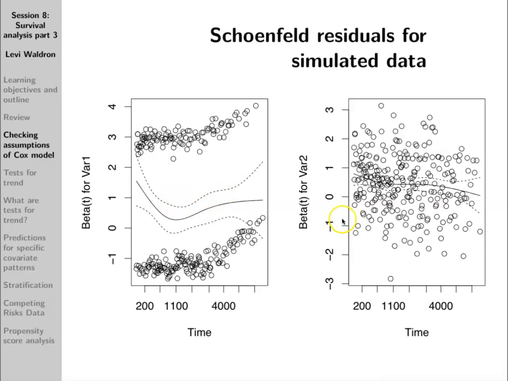And with our continuous variable, we again see a more or less unsystematic variation over time. So this is a good set of Schoenfeld residuals, showing that our assumption of time-independent covariates and proportional hazards looks pretty good.